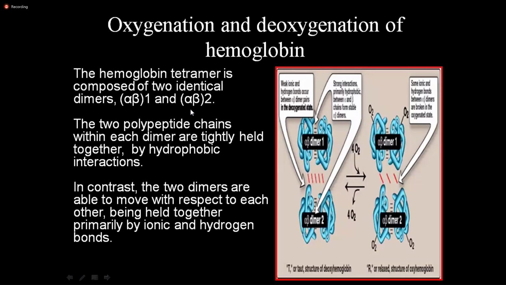The hemoglobin tetramer is composed of two identical dimers, alpha beta 1 and alpha beta 2. The two polypeptide chains within each dimer are tightly held together by hydrophobic interaction. In contrast, the two dimers are able to move with respect to each other, being held together primarily by ionic and hydrogen bonds.